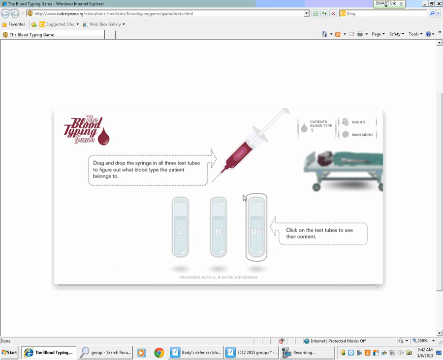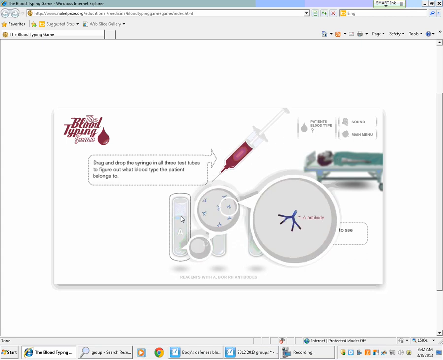I am not giving any assistance here. Go ahead, starting with test tube A. A antibodies. Give them a chance to give their therefore. You do your therefore as well.